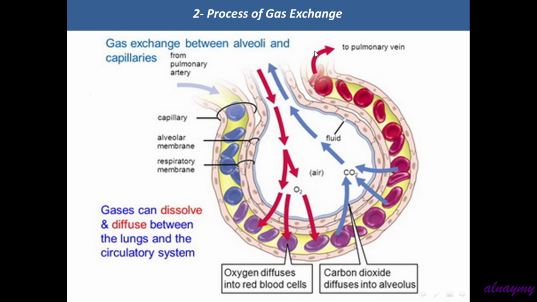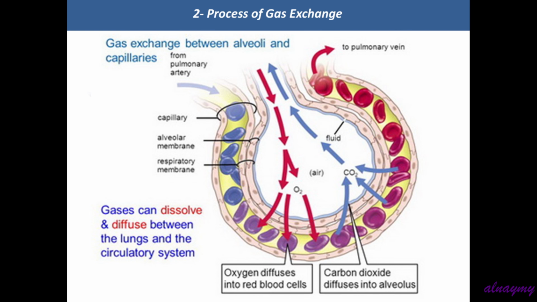And the vein will take this oxygenated blood from the lungs into the heart. And then again, the main artery will take the oxygenated blood, this time from the heart to the body parts, and the main vein will take the deoxygenated blood from the body parts back into the heart.